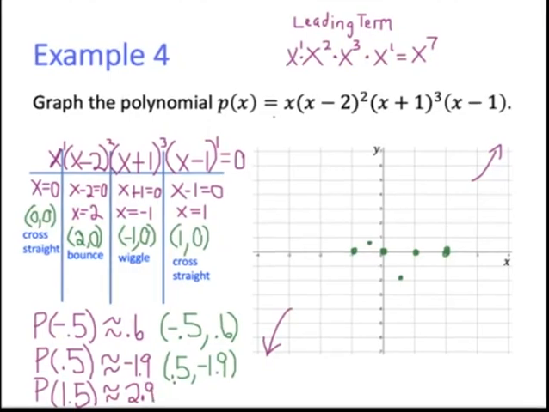So our test point has the coordinates 1.5, 2.9. And we can go ahead and plot that. So 1.5, 2.9 is just shy of 3 up here.